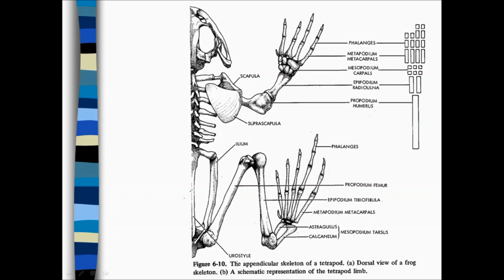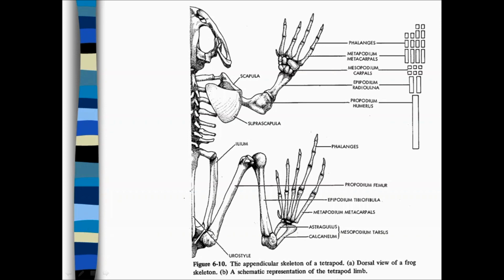The same is true if you look at the forearm right here. In many animals, it's reduced or fused, but embryonically at least it's always 1 proximally, 2 distally, and then 5 down here.